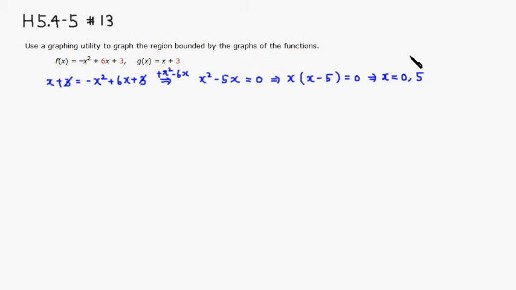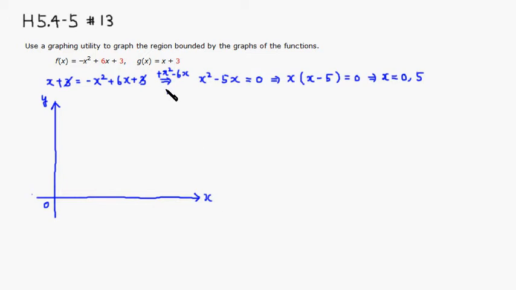Alright, so let's try to sketch the picture. Draw the x-axis first, and the y-axis straight down. So we have a y-axis here, and this is the x-axis, and that's the origin.